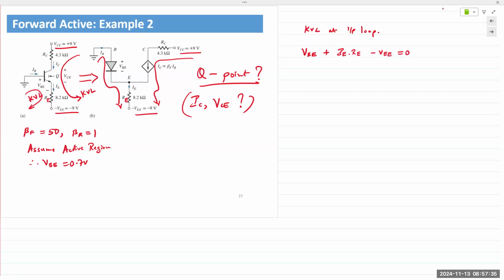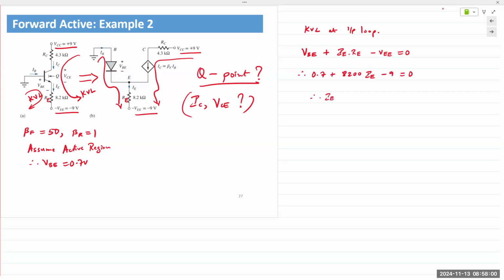Currents flowing in the downward direction, so voltage drop is plus at the top, minus at the bottom. That gives me 0.7 plus 8200 IE, and then minus 9 volts is equal to 0.